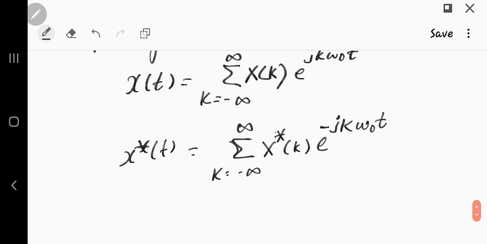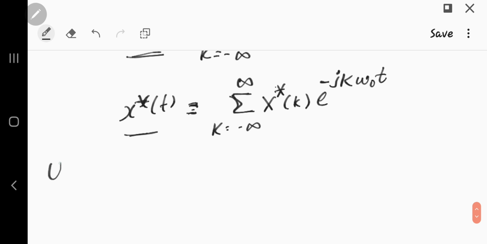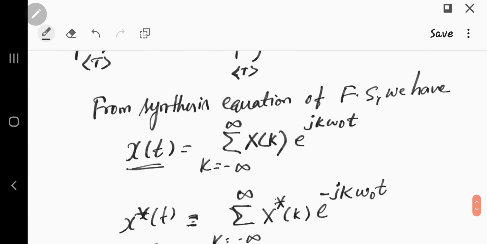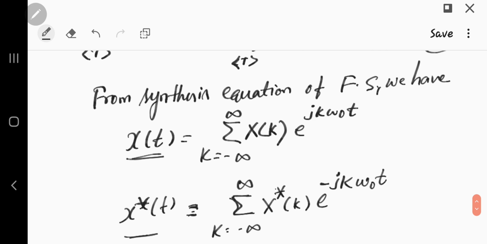I think I made a small mistake earlier. So this is the major difference between this signal and this signal. If you take the complex conjugate, the sign of the imaginary part will be the opposite. So using this, let's give it the name equation 1.